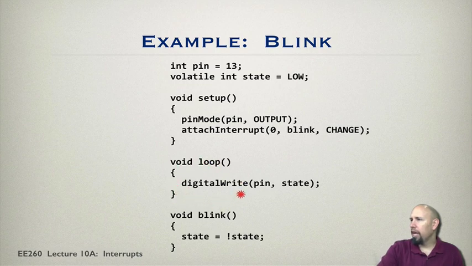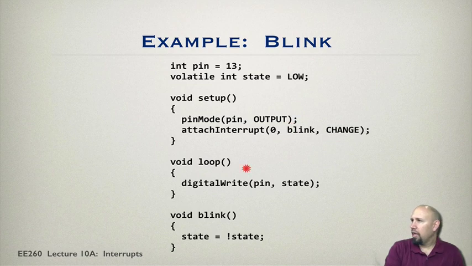And then in the loop program, we just have this digital write. It writes the value state. And notice that whenever the interrupt occurs, it goes here and it changes the state. So the state toggles.